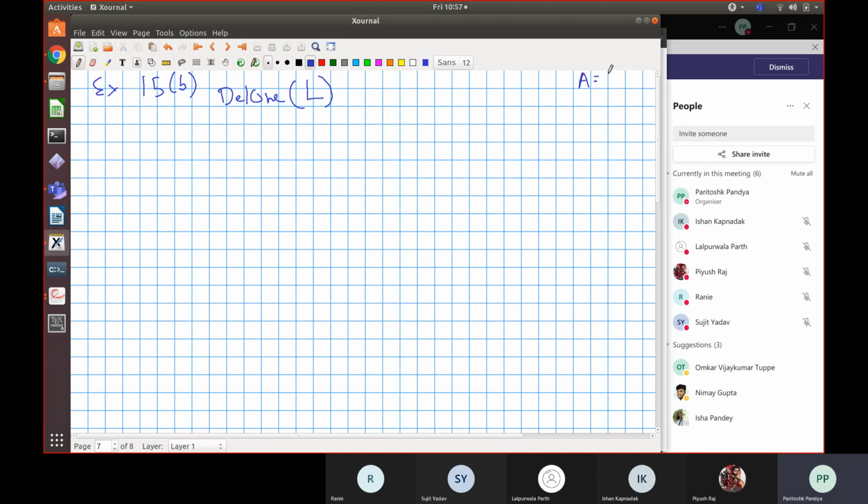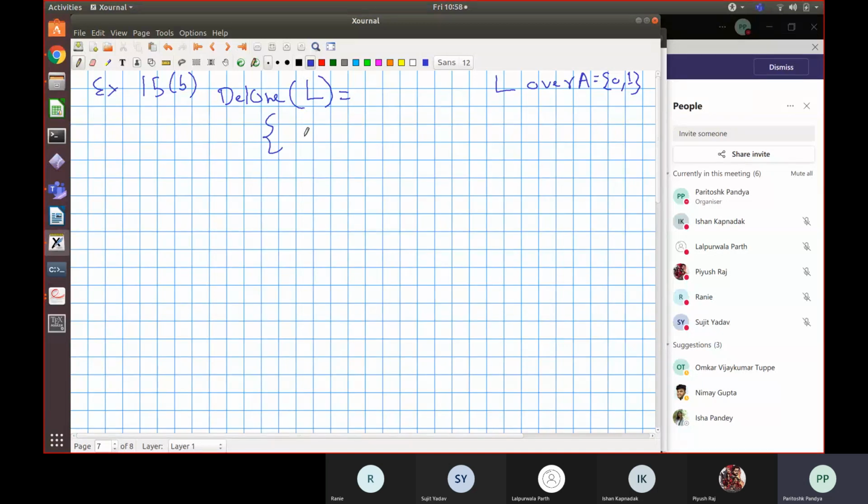Alphabet is 0, 1. So you have got a binary alphabet, and you have got words over this. What is del1 of L, given some language L over it?